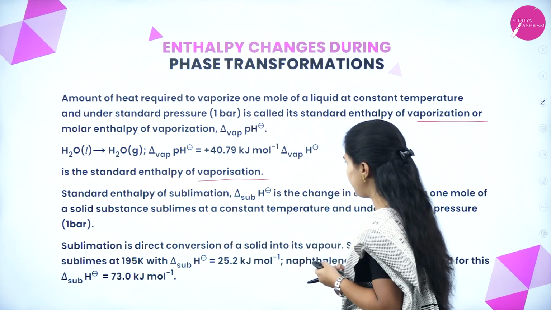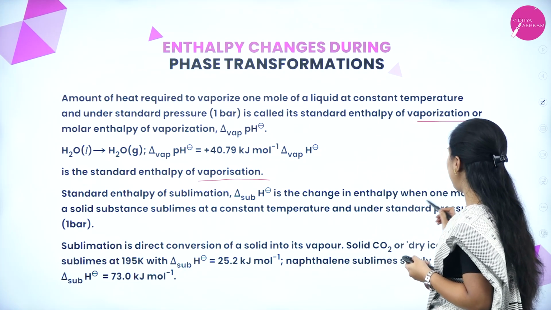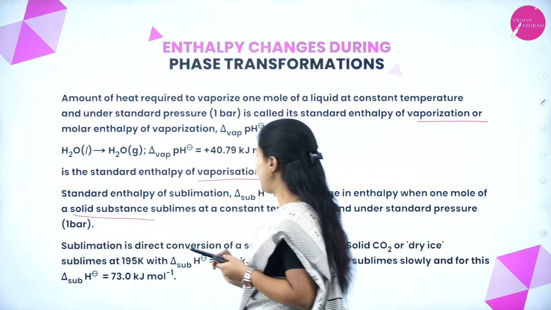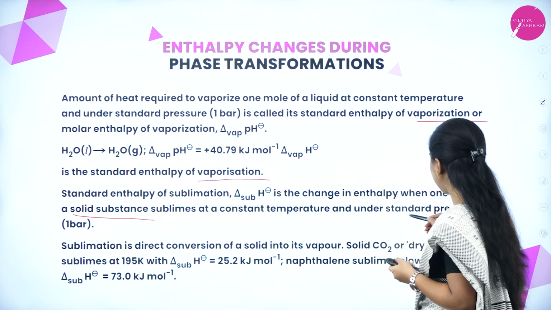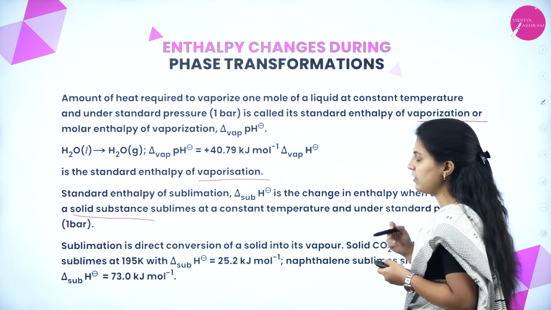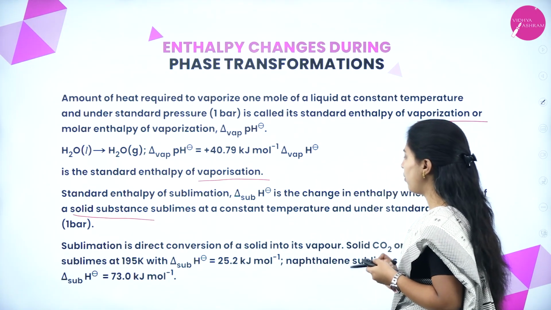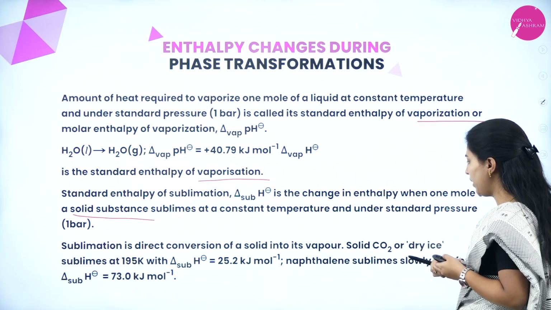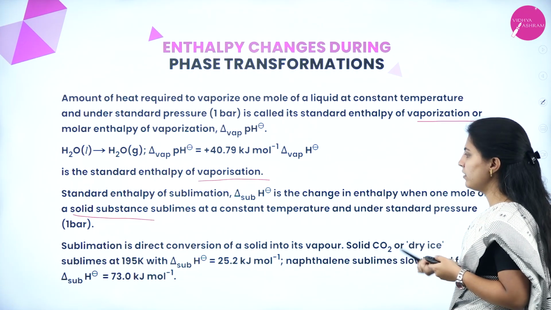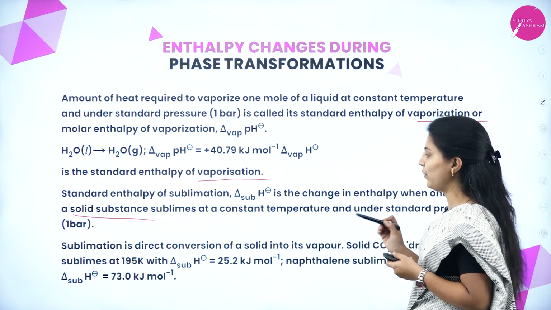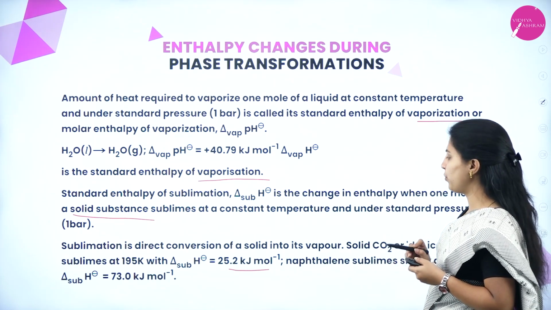Standard enthalpy of sublimation is the change in enthalpy when 1 mole of solid sublimes at constant temperature under standard pressure, meaning direct from solid to vapor. Sublimation is direct conversion of a solid into its vapor. Solid CO2 or dry ice sublimes at 195 Kelvin with heat of sublimation 25.2 kilojoule per mole.